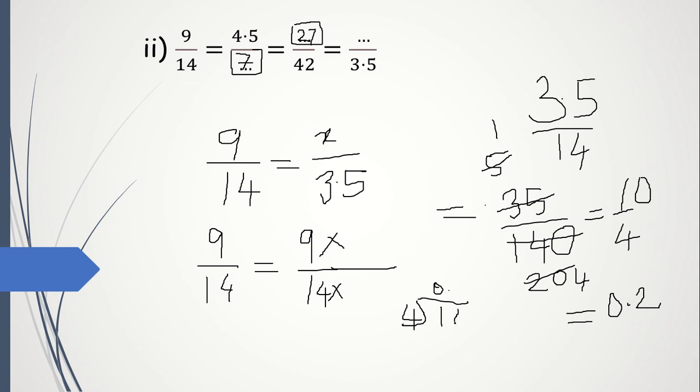So 0, 4 twos are 8, 2 will remain, we take 0, 4 fives are 20. So we got 0.25.